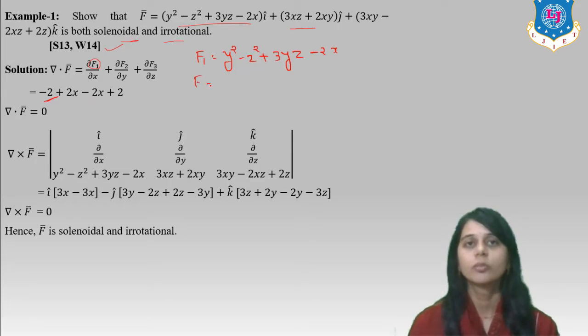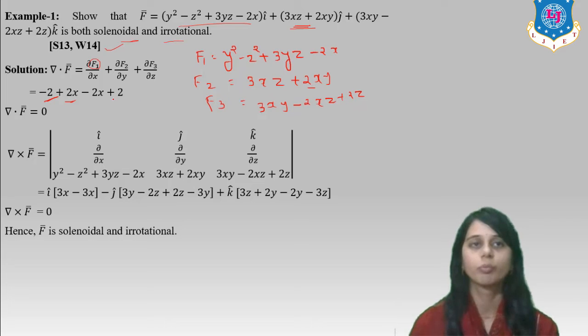What is f2? f2 is 3xz plus 2xy. So del f2 by del y is 2x. Similarly, del f3 by del z. What is f3? f3 is 3xy minus 2xz plus 2z. Differentiating this gives minus 2x plus 2.